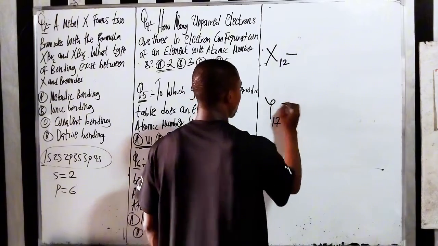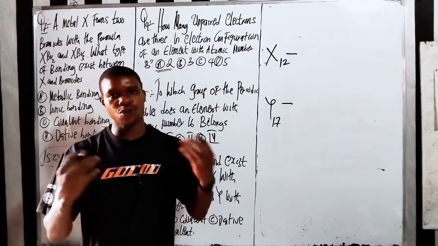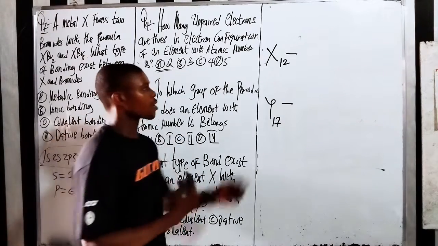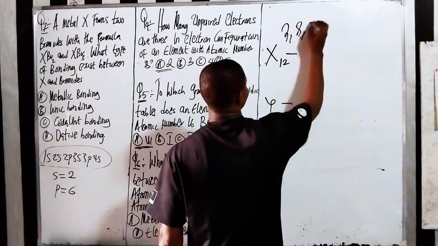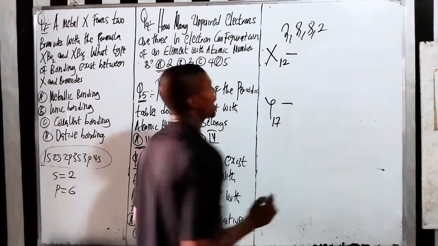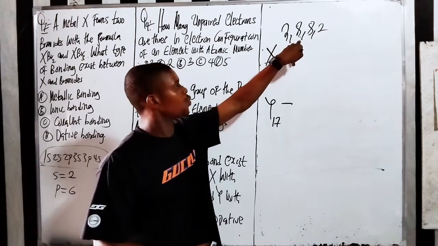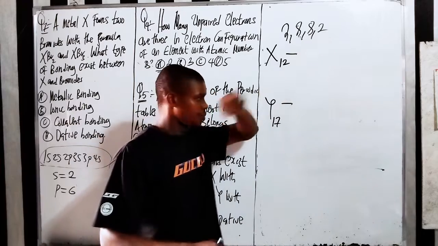So let's use the old electronic configuration, because with it you can easily know the one that can easily give and the one that can easily get. In the old electronic configuration, which is 2882, the first energy level takes 2 electrons, the second takes 8, the third takes 8, the fourth takes 2.